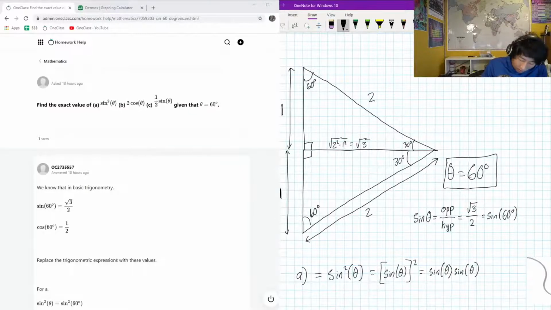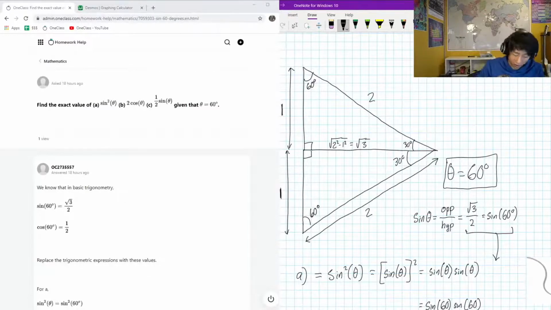Given this, let's sub this into our equation here. For our case, we have sine 60 times sine 60 degrees once again. And we know that sine 60 is equal to root 3 over 2 times root 3 over 2.